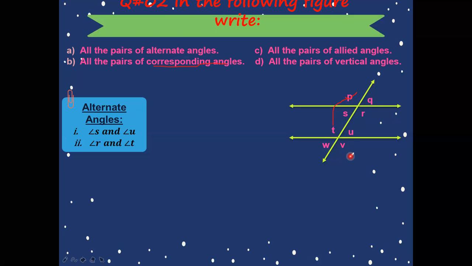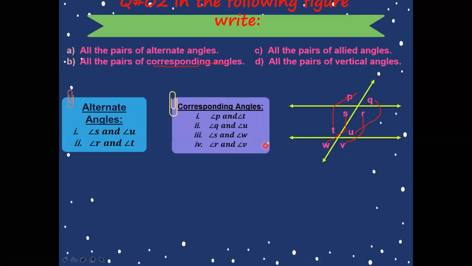The second pair for corresponding angles will be Q and U. The third pair for corresponding angles will be S and W. And the last pair for corresponding angles will be R and V. One should be interior, the other should be exterior, and both should lie on the same side of the transversal. And the third most important condition is that they are not adjacent.